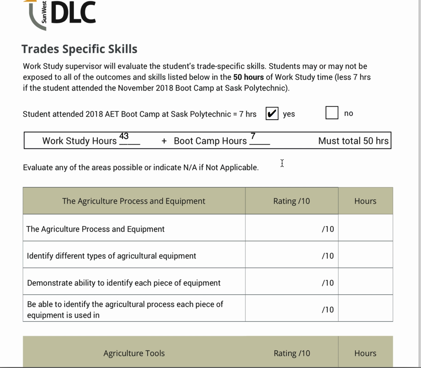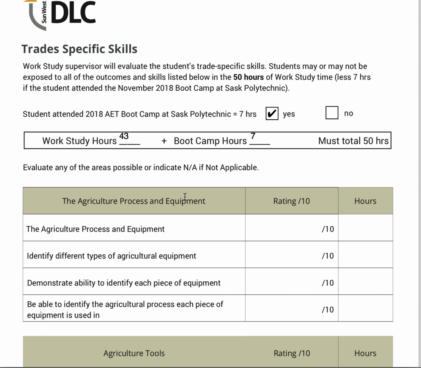Okay? So, once again, this is the trade-specific skills. These are the skills that the student has learned before they are able to go to the dealership. These are the skills learned in the 50 hours of theory portion that the student did online.